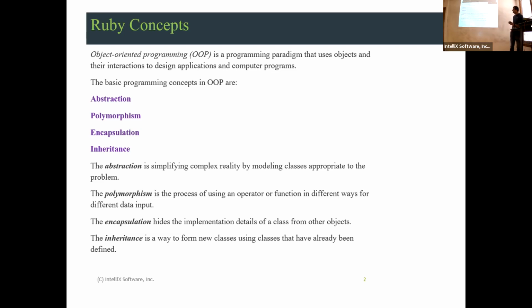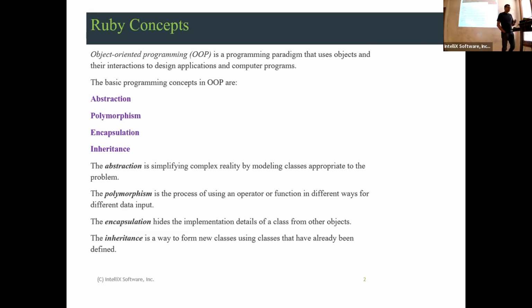Now it follows certain principles: abstraction, polymorphism, encapsulation, inheritance, and so forth. We'll not take a look at them in detail today, but we'll take a look at them next week. But I'm just going to cover what abstraction is. It's basic by definition: abstraction is to abstract something. It's more like an abstract view, right?